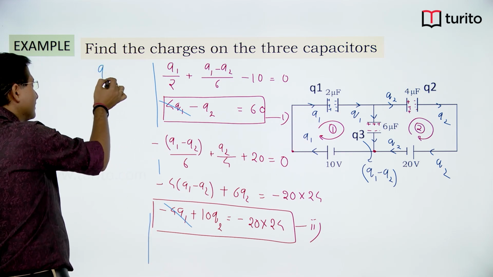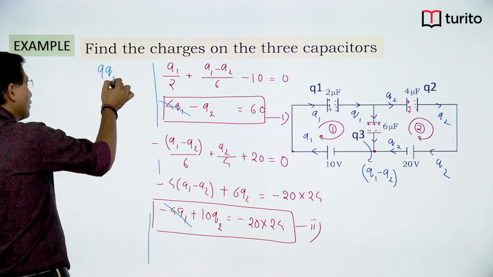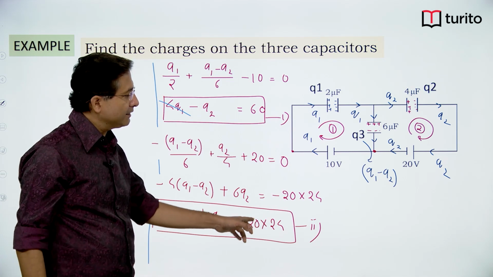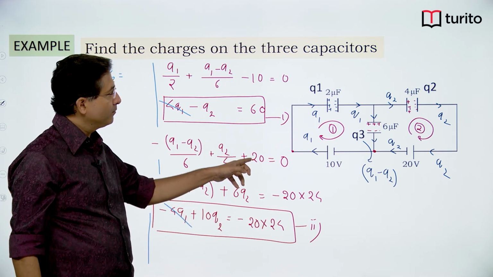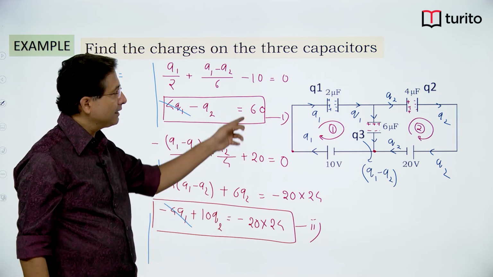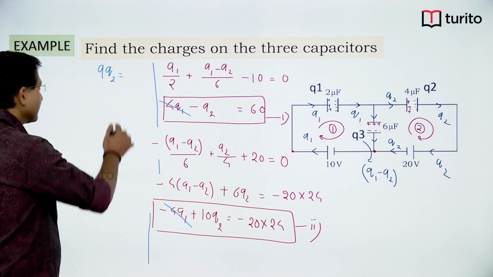So, this equation will be 9 q2, and this is 480 minus 480 and this plus 60, that will be 420 minus 420.